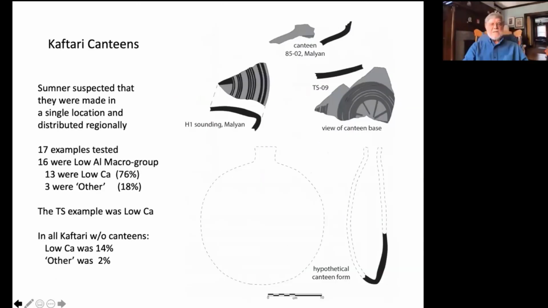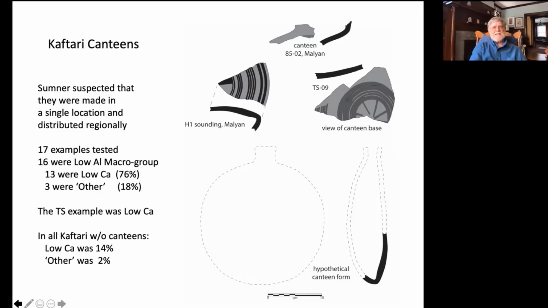Yeah, the Kaftari canteens look like they're coming from the central part of the valley, and they're turning up in Malian. Again, there's nothing random about our sample, so it's hard to go too far with this. But certainly the canteens look like they were being made in one location and distributed throughout the valley.